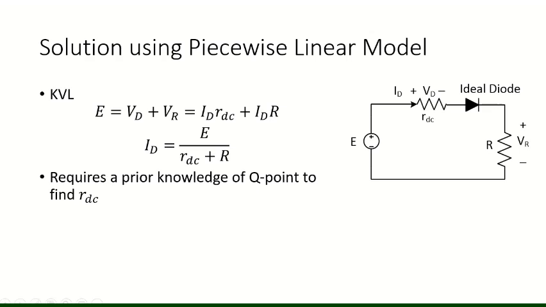It's a rise in potential represented by E, and the drop in potential, this thing which is the resistor plus ideal diode. We'll discuss shortly about why the diode is replaced with this combination of ideal diode plus resistor.